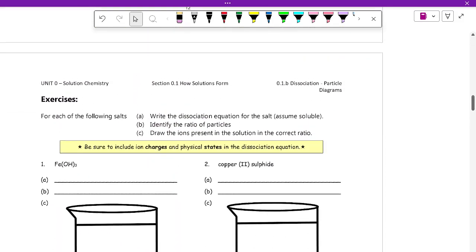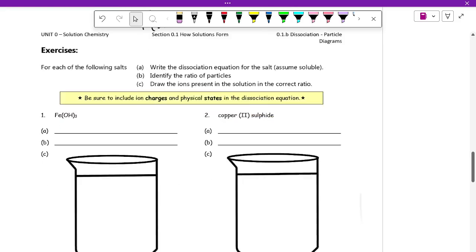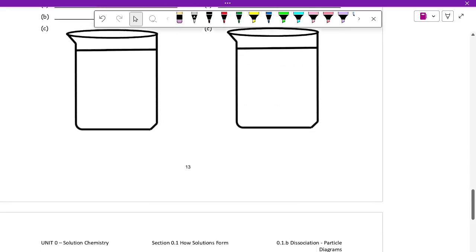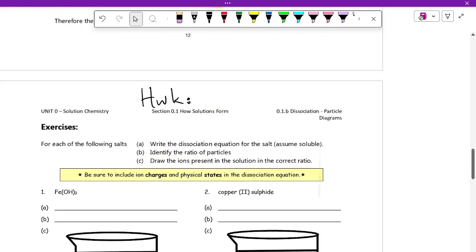All right, so for homework, what you guys are going to do is Unit 0, pages 13 and 14.